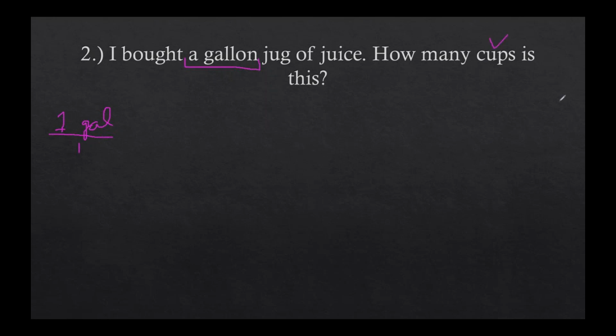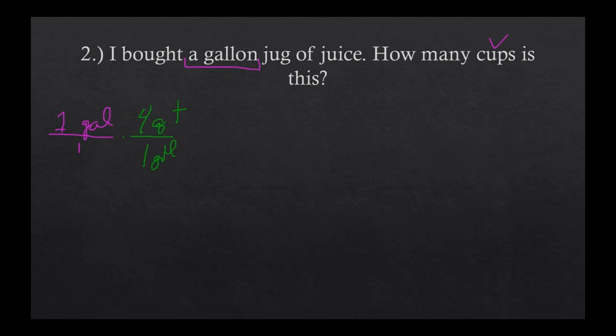When you look at your formula sheet, can I go straight one step from gallons to cups? No, you are correct. That was very quick, Vanessa. Good. But gallons can lead me to what? Quarts, exactly. So we want to kind of say our first step is to say 4 quarts is 1 gallon.